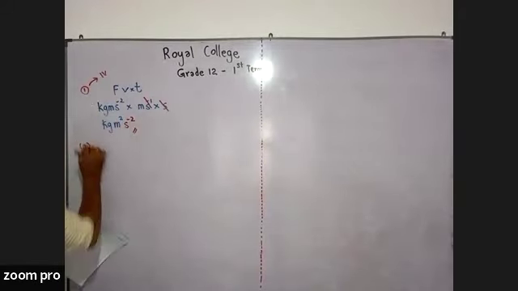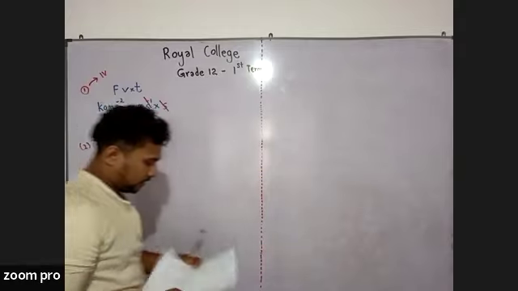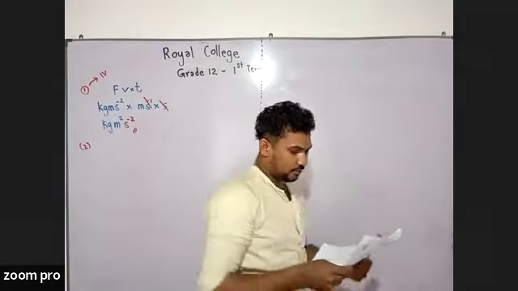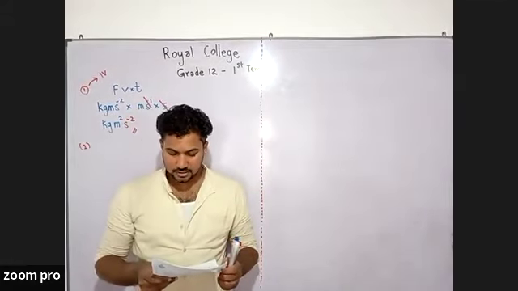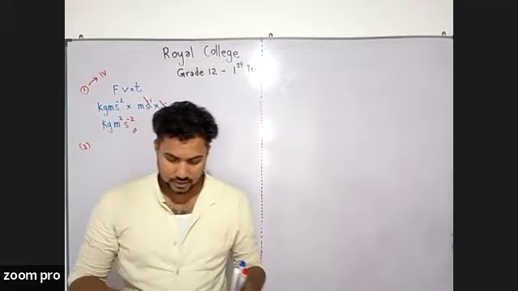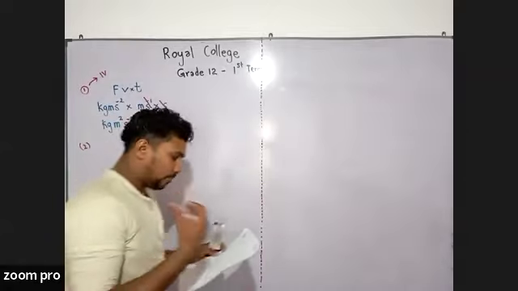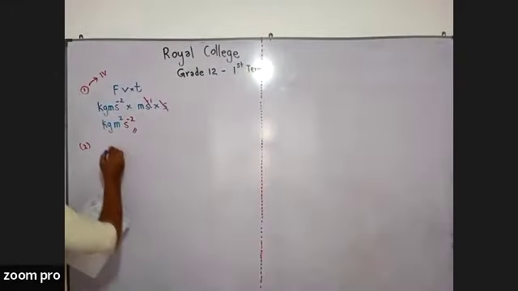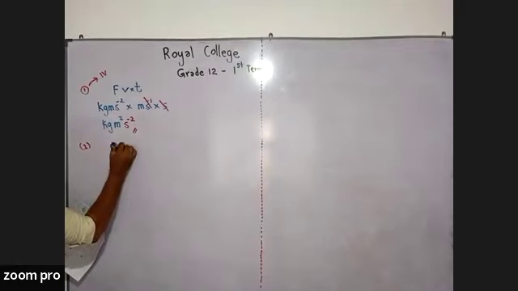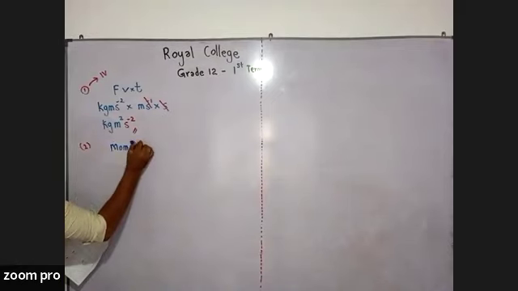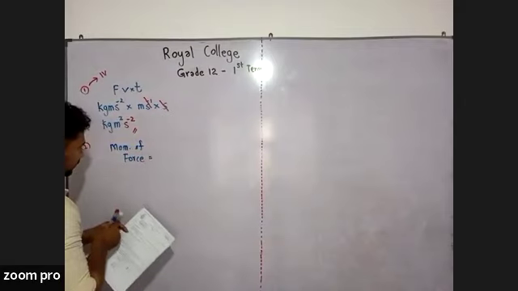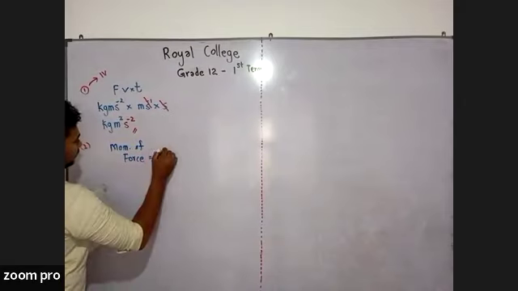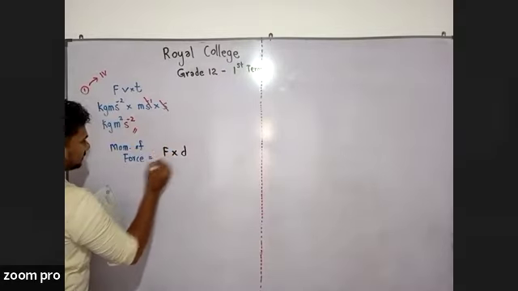Right. In the second question, if the dimensions of the moment of force are M^x L^y T^z, the values of x, y, z can be, right? So moment of force is obtained by multiplying force with the distance, right?